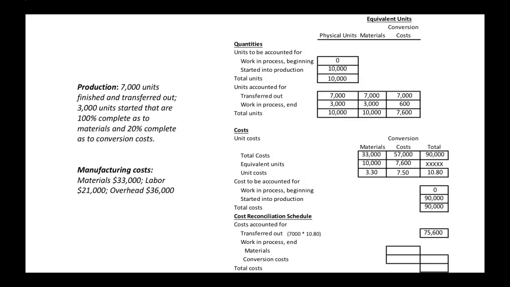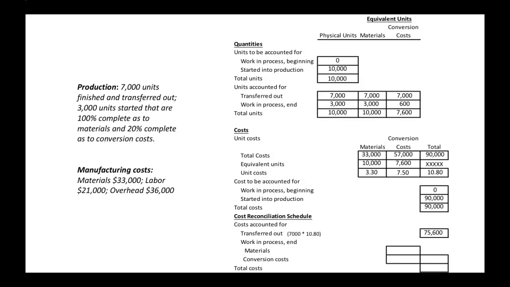So we'll do a similar process here for our ending work in process. For materials, we need to figure out how many units did we have in our ending work in process for materials. So again, we look back up at our quantities section and we see under ending work in process, we go over to the materials column and we see 3,000.